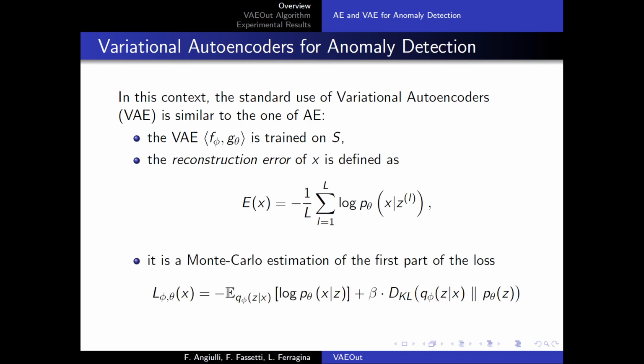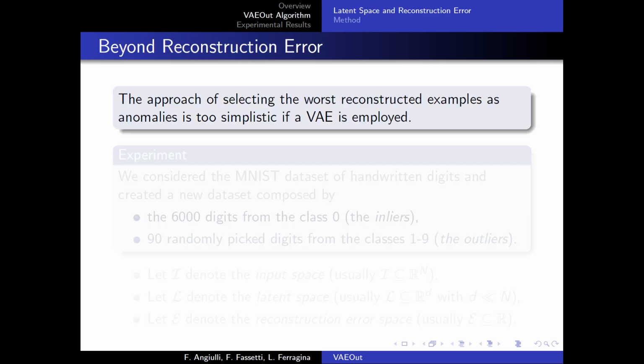This represents a generalization of the one we have seen for the standard autoencoders, and consists in a Monte Carlo estimation of the first term of the loss of the variational autoencoder. In the same way as standard autoencoders, here we are considering as anomalies the worst reconstructed examples.